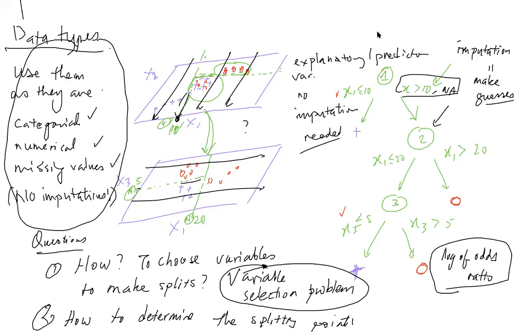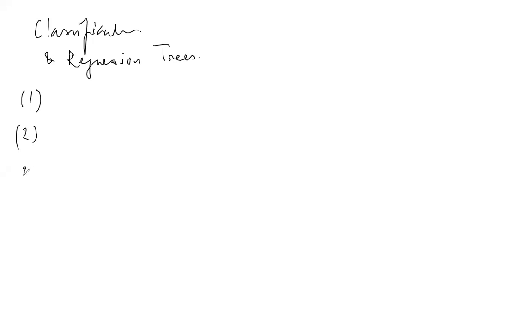Now, let's look at the ideas. First thing to note is that although you have this thing called classification and regression trees, there are actually three main algorithms, because there are different ways of doing the implementation.